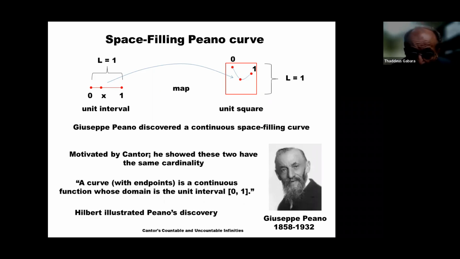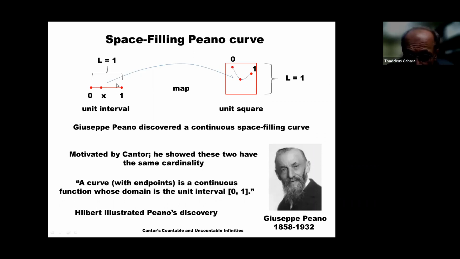And so somehow you should be able to map from this linear 0 to 1 into a 0 to 1 unit square. And if you could do that, they have both the same cardinality. There's nothing different about it being a square, having another dimension. As a matter of fact, it can go into multiple dimensions and it still has the same cardinality of C.